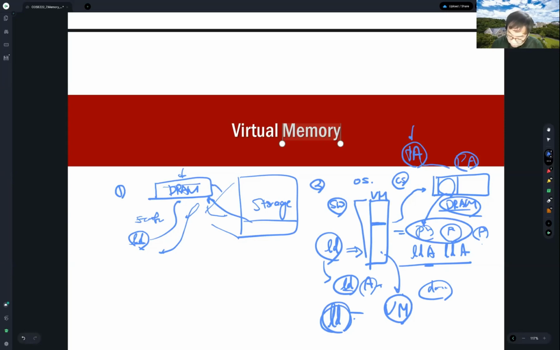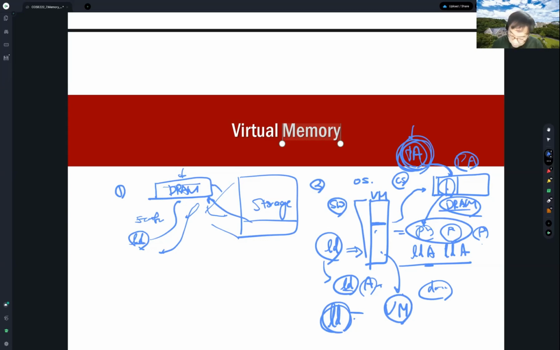Using this physical address, we can access the data. So if different data is accessed by different processes, we can access these different data using different physical addresses.